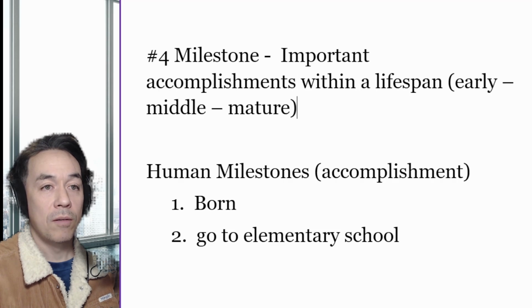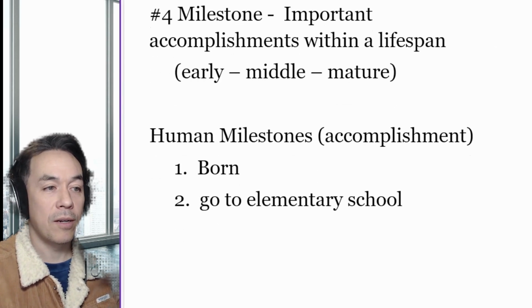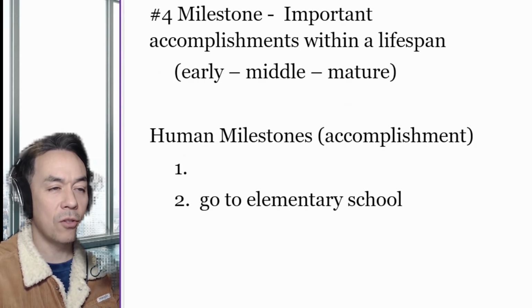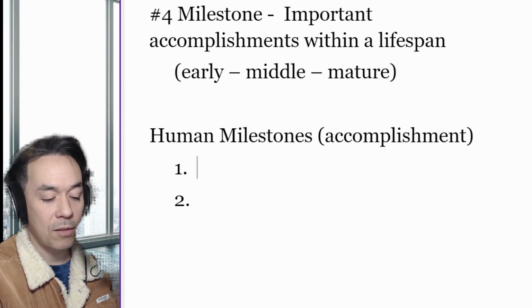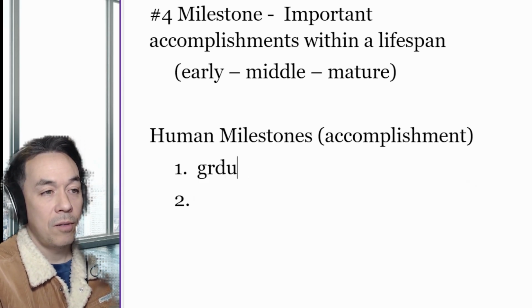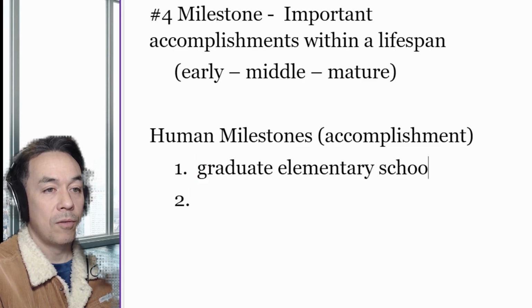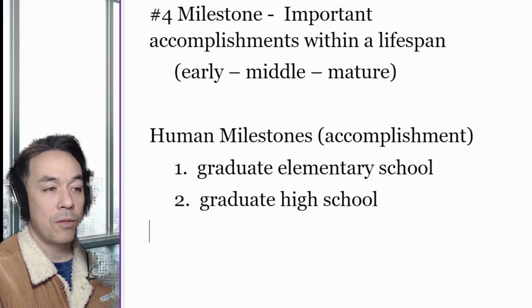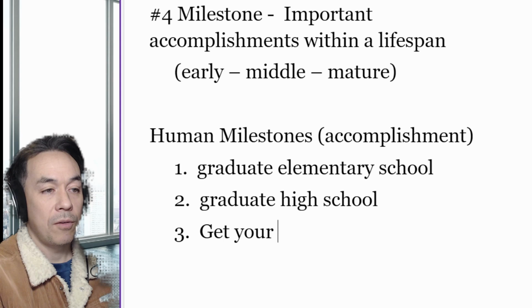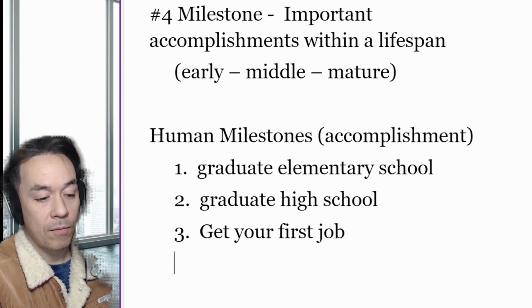Within a lifespan. Okay, so you're not being born. You have to do something. You have to have accomplished something. So we'll say graduate elementary school, and then graduate high school, and next one is get your first job, right?